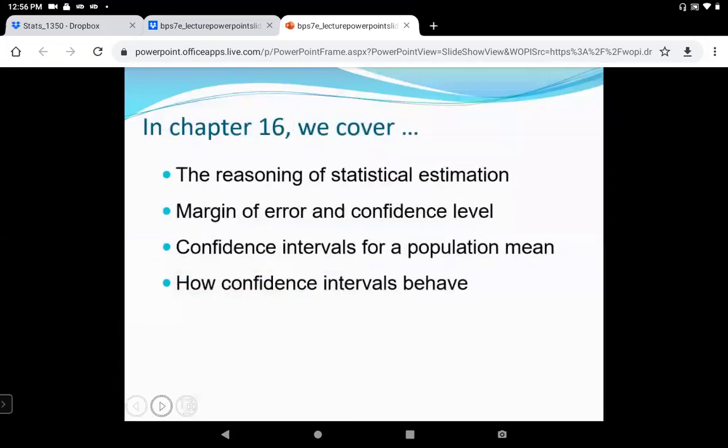In chapter 16, we cover the reasoning of statistical estimation, margin of error and confidence level, confidence interval for a population mean, and how confidence intervals behave. So we have 4 objectives, 4 sections.